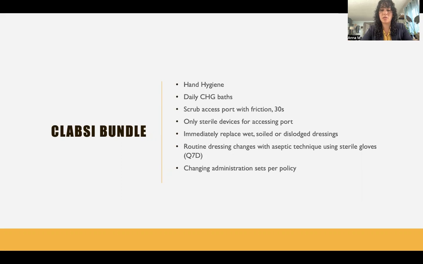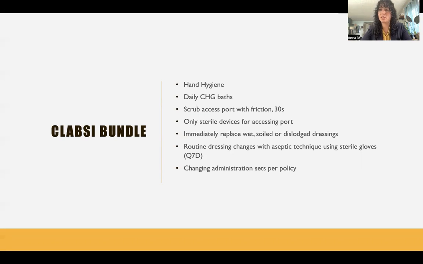Along with that, routine dressing changes are implemented with aseptic technique using sterilized gloves or sterilized equipment. Normally, this is within 7 days, per most hospitals' policy.